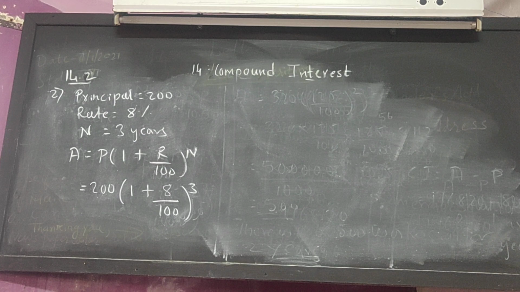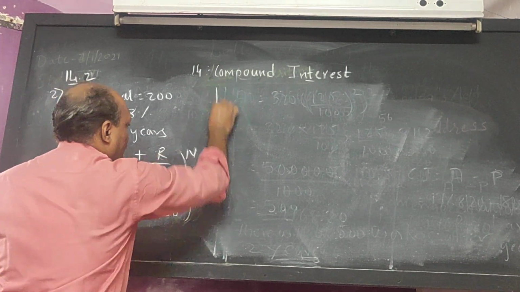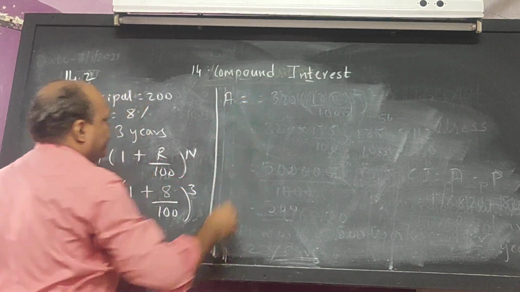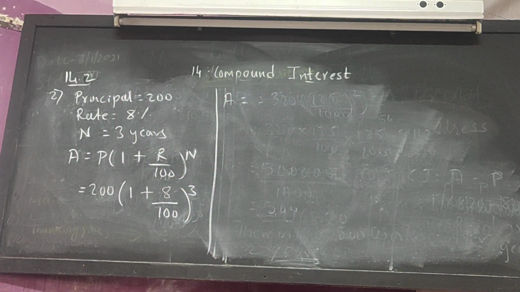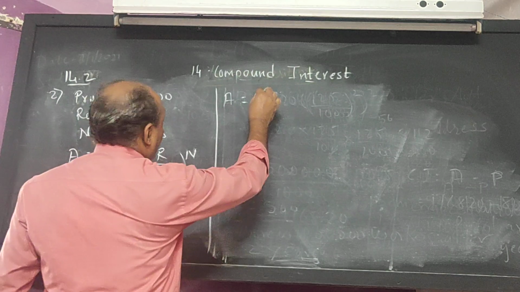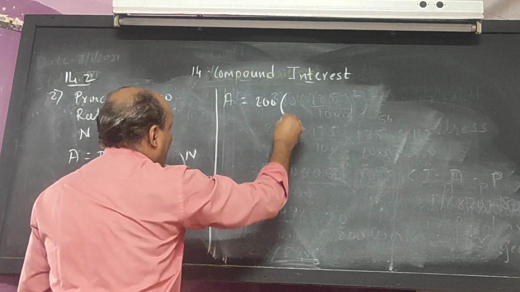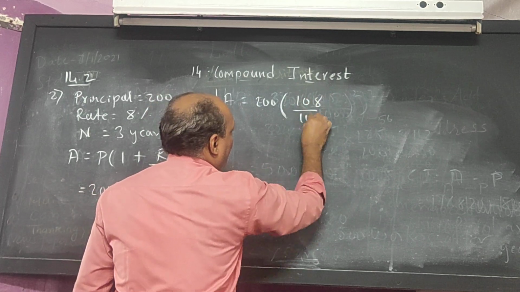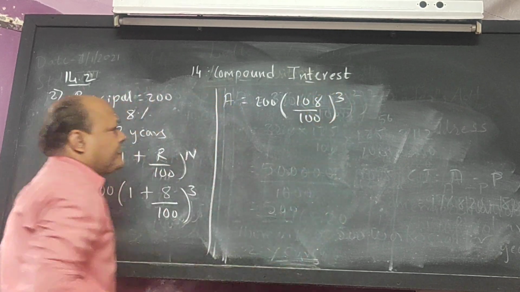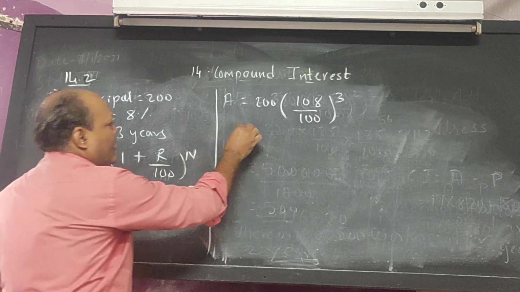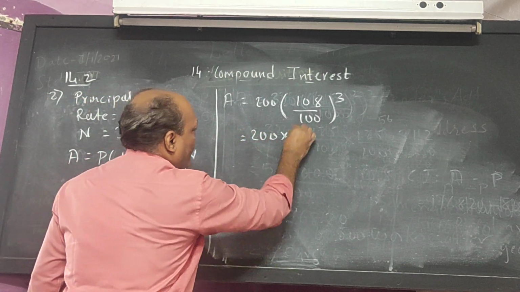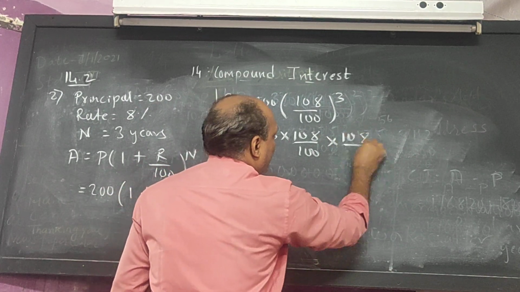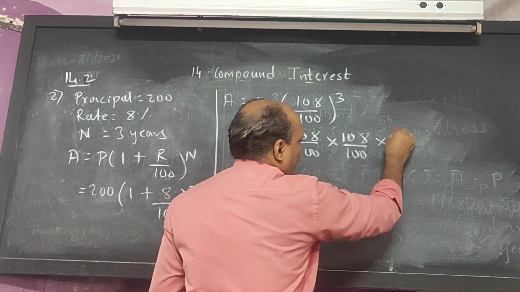Now you have to go for multiplication. Amount is equal to 200 into (100 plus 8, that is 108 upon 100) raised to 3, that is 200 into 108 upon 100 into 108 upon 100 into 108 upon 100.